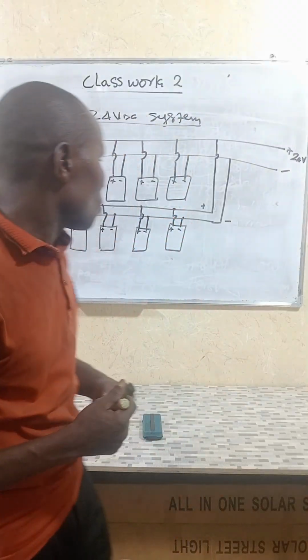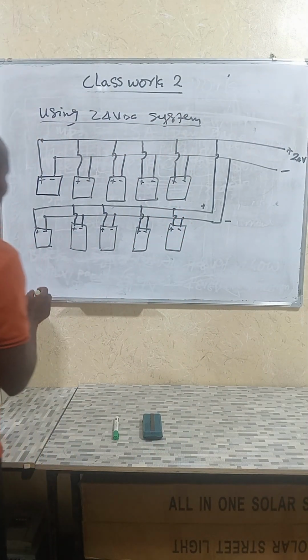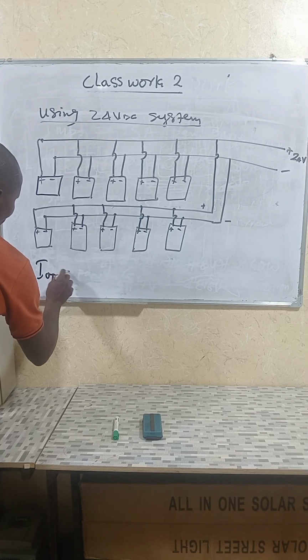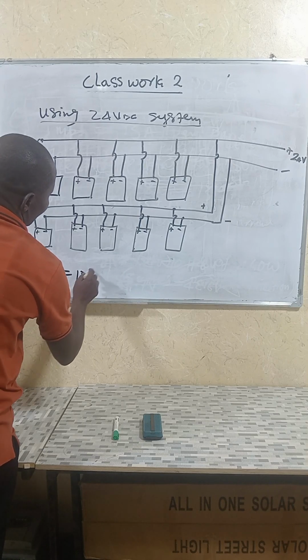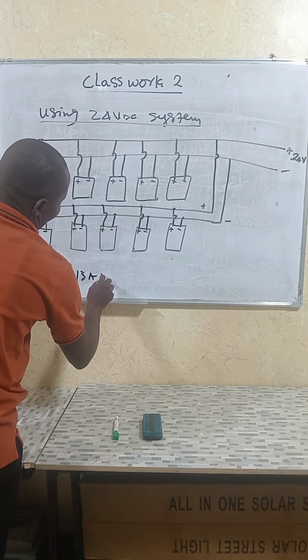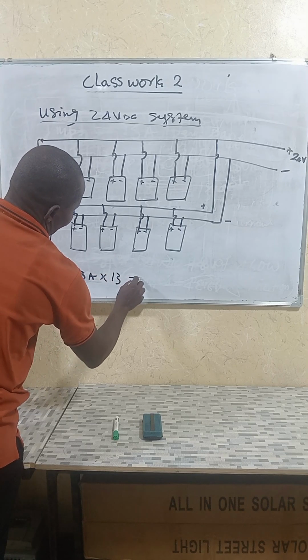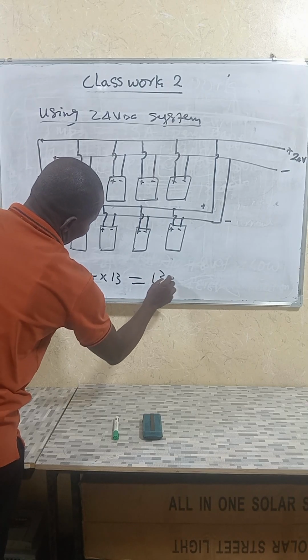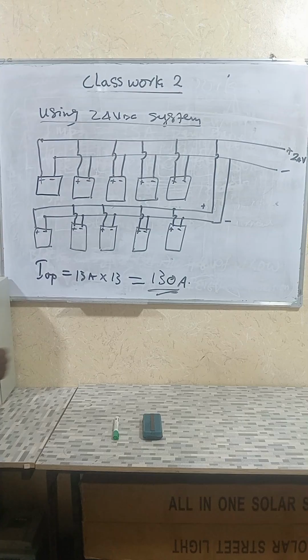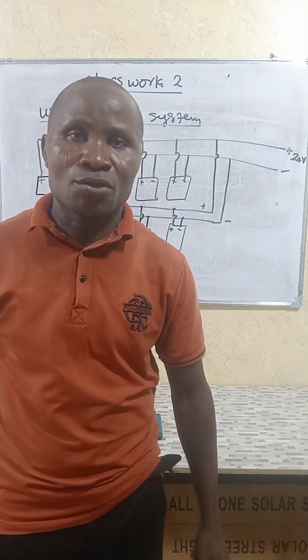The output current is 13 amps times 10, equals 130 amps. So the output current is 130 amps.